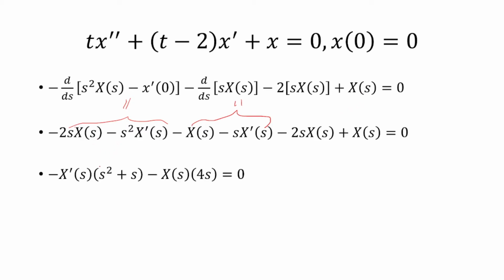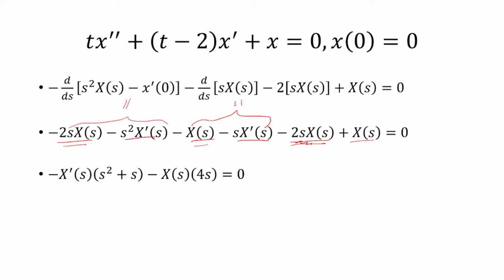At this point, I can factor out the negative X prime(s). So we have X prime(s) in both of these. And so we have s squared plus s factored. And then for X(s), we have -1, -2, that gives you -3. -2 gives you -5, plus one of these.